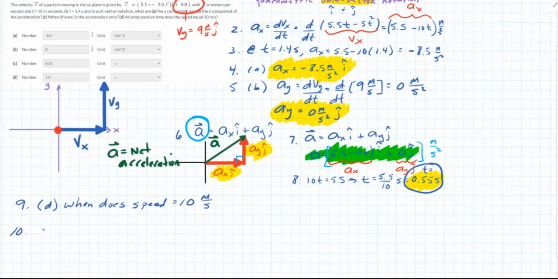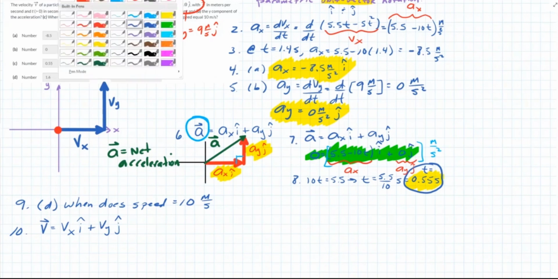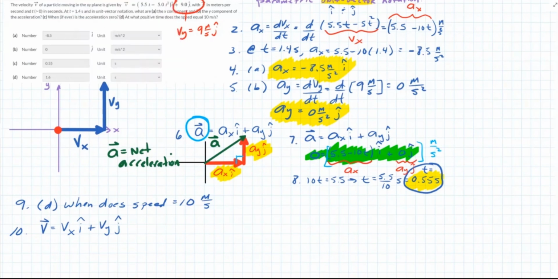Same conversation. My net velocity is going to be whatever the x component is, I hat, plus whatever the y component is, j hat. And you have a picture right here. My net velocity looks like this.